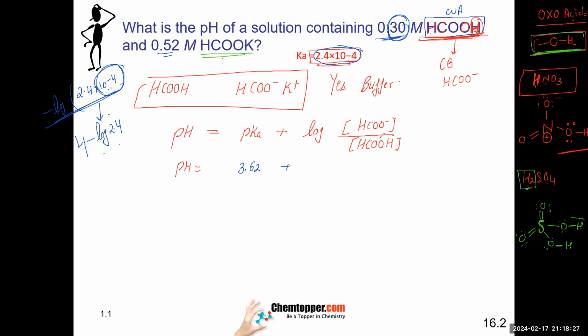Now plug in this concentration. How much is that? 0.52 divided by 0.30, and that's the pH of the buffer. Is it okay? Can you see how you're using the Henderson equation to calculate the pH of the buffer?